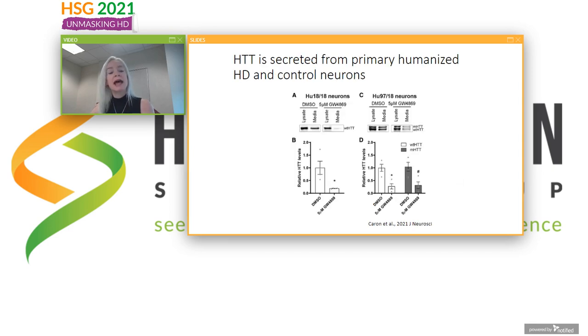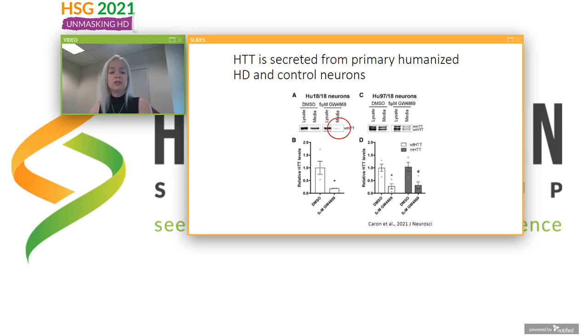So we've looked at active transport mechanisms, and a secretion mechanism was identified for huntingtin, an unconventional lysosomal late endosomal secretion mechanism. And we've studied this in primary neurons from our humanized mice, either untreated or treated with an inhibitor of this pathway.